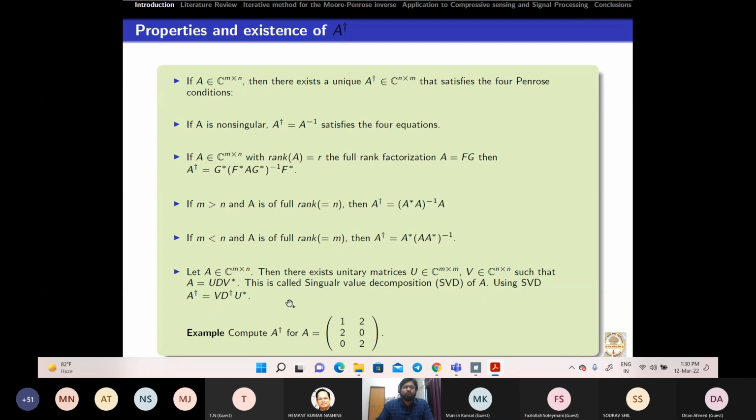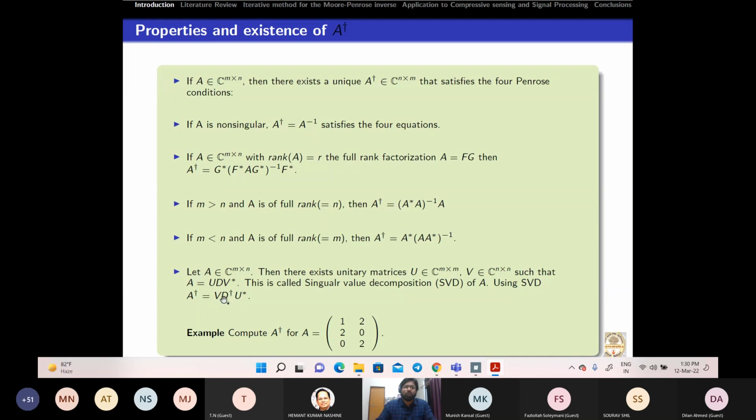Many software packages like Maple, Mathematica and MATLAB have inbuilt functions. In MATLAB the inbuilt function is pinv, which computes the pseudo inverse. We can also call the Moore-Penrose inverse the pseudo inverse.